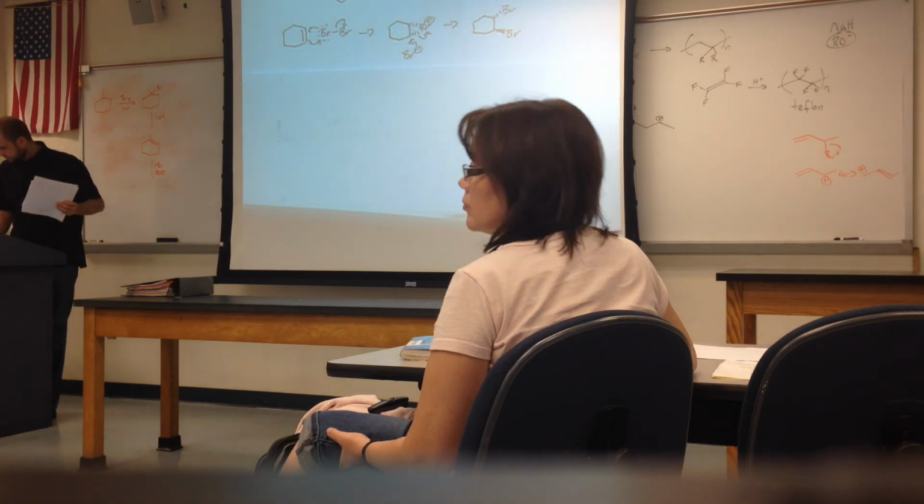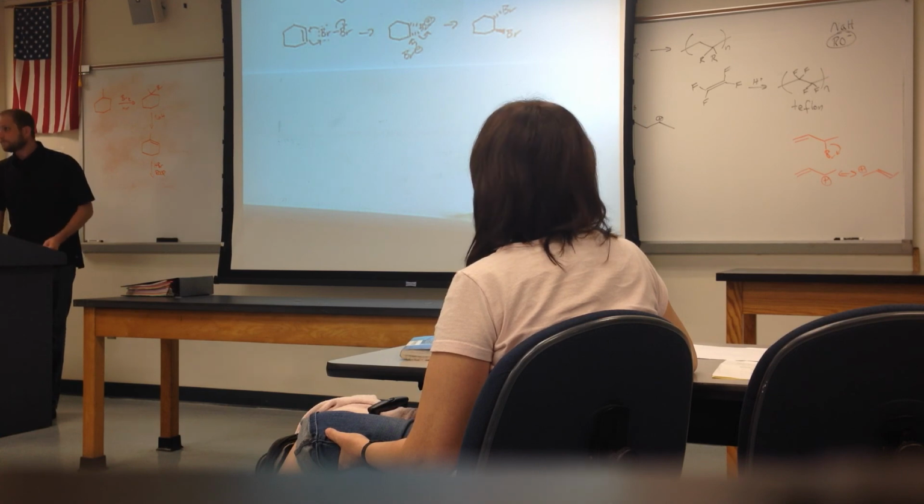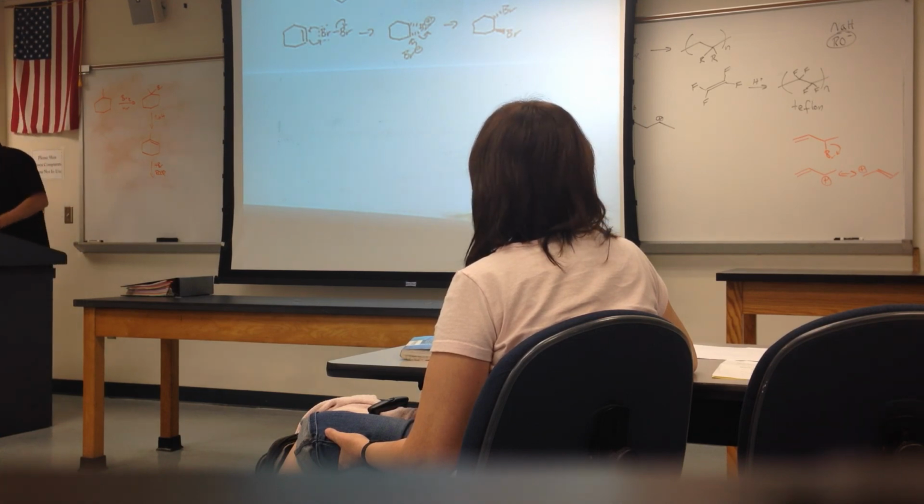If you had a methyl on one side, it would go to the methyl, right? If there was a methyl group on one, it would go to the methyl group.